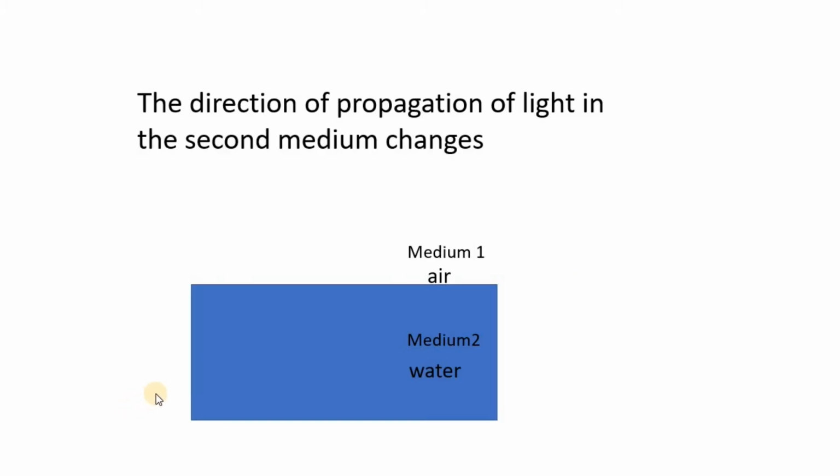As we have already discussed, what is refraction? Refraction means when a light ray travels from one medium to another medium, the direction of its propagation changes in the second medium. This phenomenon is called refraction. Now we are considering two media, medium 1 air and medium 2 water.